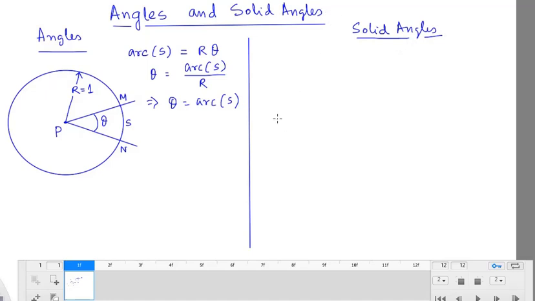Suppose we take a point P. See, an angle is always about a point P. Angles are about a point, right? So in the same flavor, solid angles are also about some point.